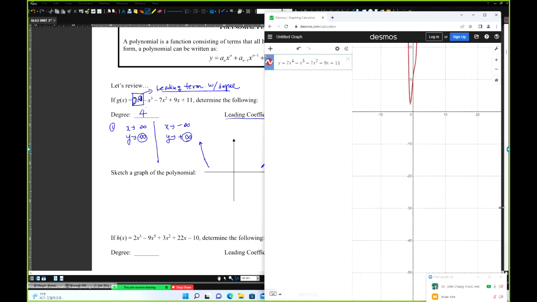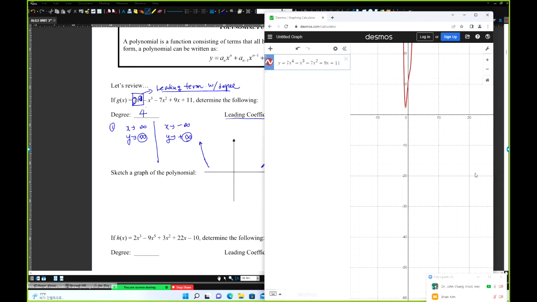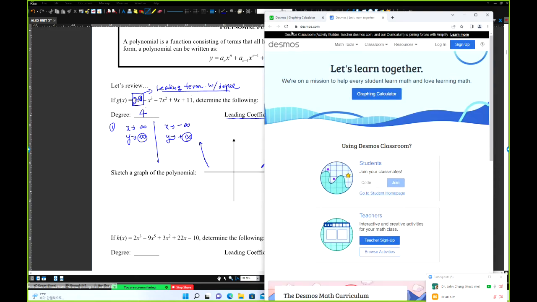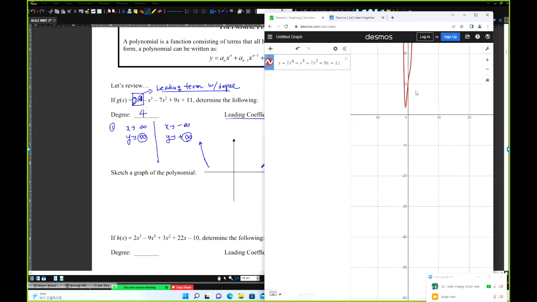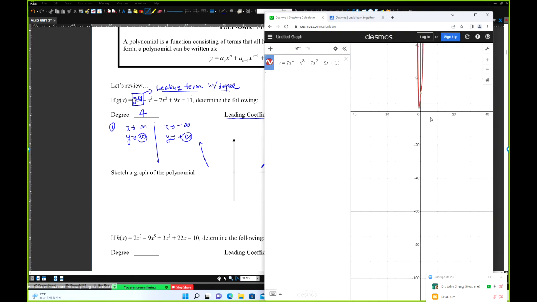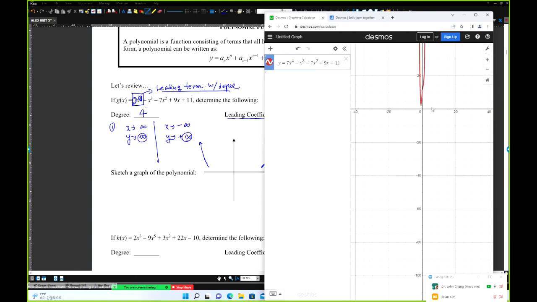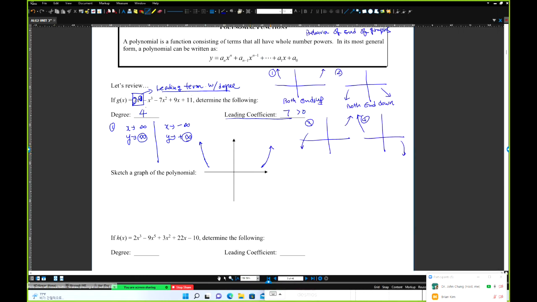What happened? Okay, anyway. To the right, the graph rises up, and to the left, it rises up too. Yes, that is the end behavior of the graph.